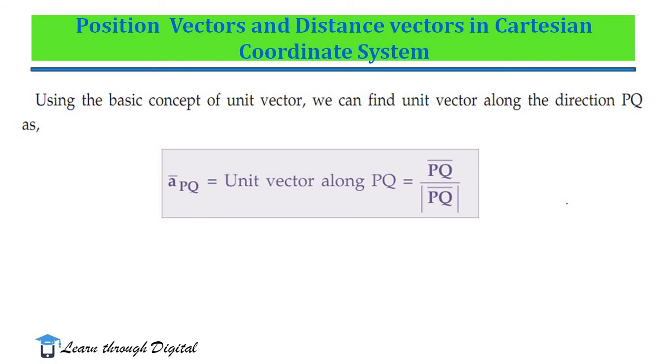We could represent a vector PQ, the unit vector along PQ, as vector divided by modulus of vector, that is magnitude of vector. Here we consider the vector as PQ vector. Therefore, unit vector is equal to PQ vector divided by the modulus of PQ vector.